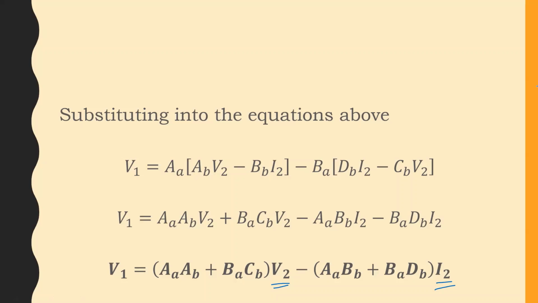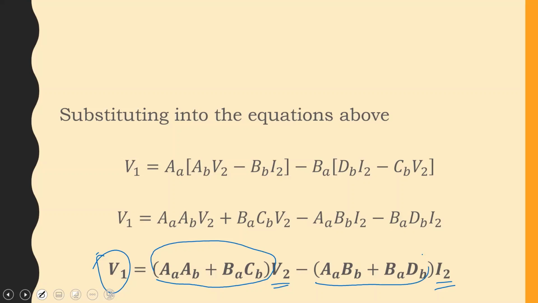They are the input voltage and input current with respect to the output voltage and output current. So obviously, what we have here would be the coefficient of V2, and we have here the coefficient of I2.